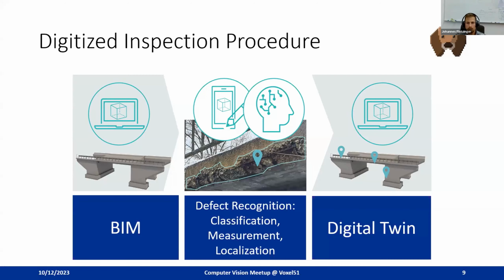Then when an inspection is needed, we go on site and automatically get all info for each defect, meaning we collect each damage regarding its class, its measurement, and its localization. This so-called damage info can then be fused with the building information model. And so we have a kind of digital twin.